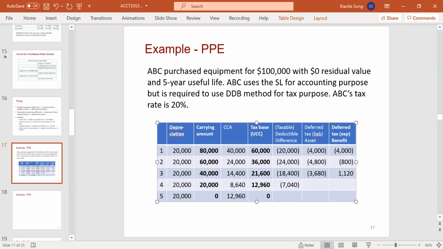And the deferred tax liability based on that amount is 1,408. However, the balance in there is already 3,680. So the adjustment is a debit to deferred tax liability of 2,272.